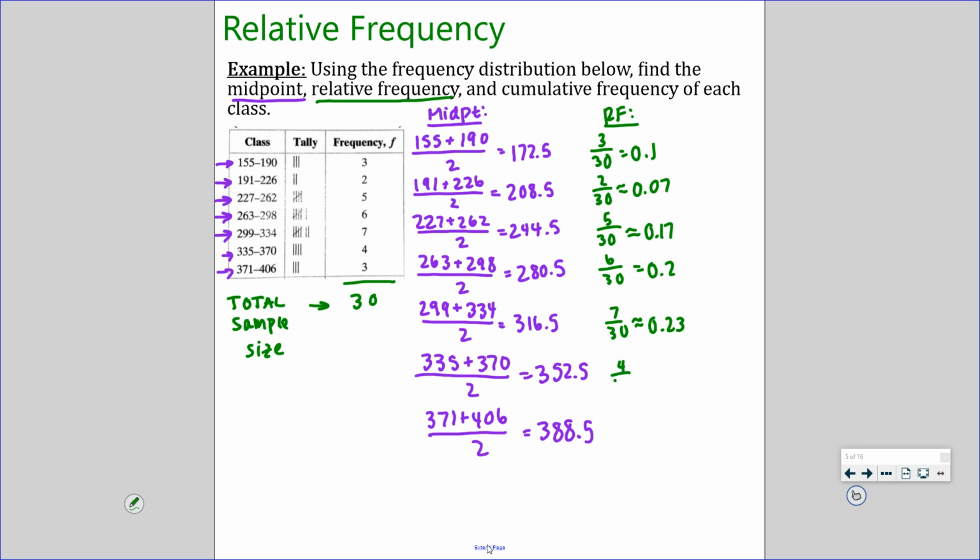Next class, 4 out of 30. 0.13. Last one, 3 out of 30, 1/10. So there's how you calculate relative frequency. And again, relative frequency is another way we can model and put these into visuals of displaying our data.